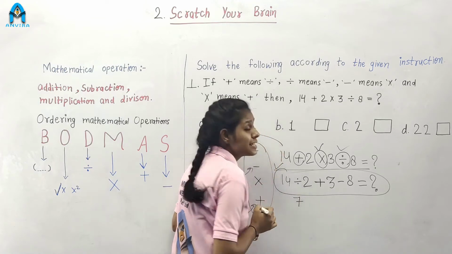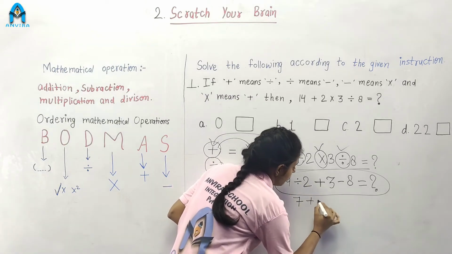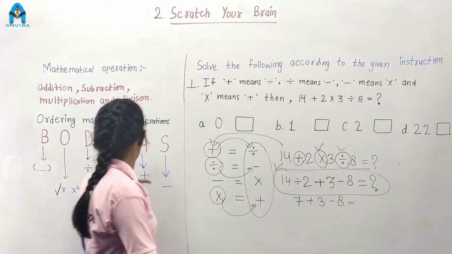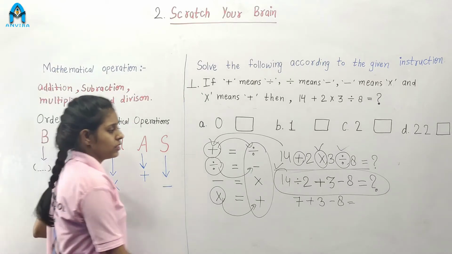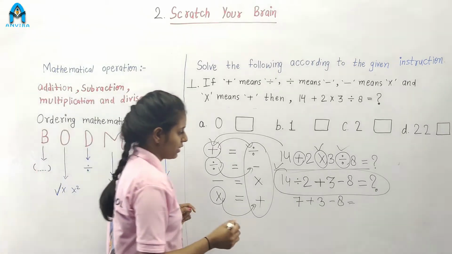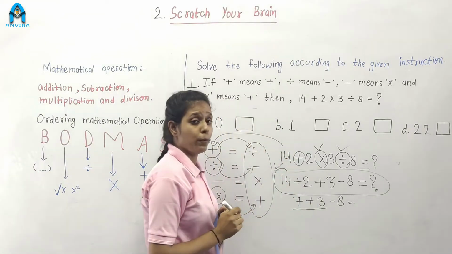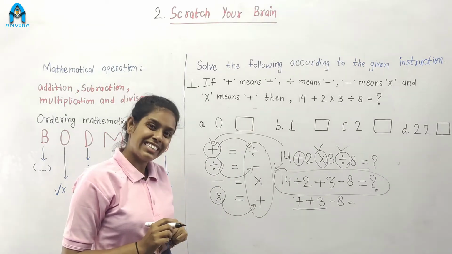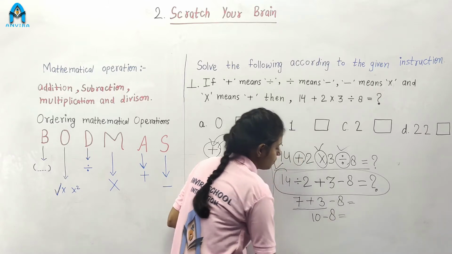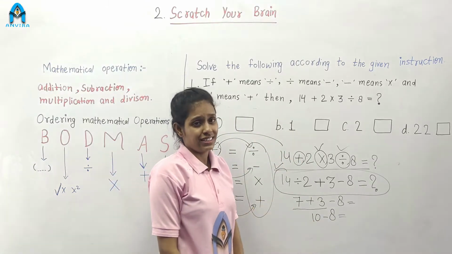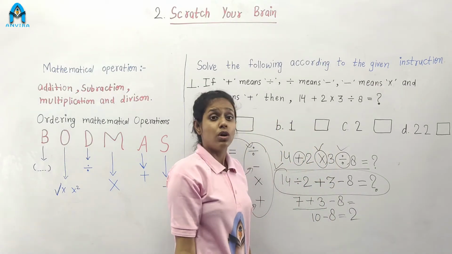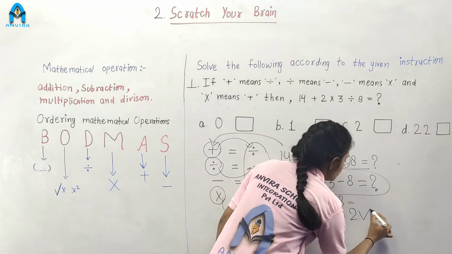It is 7. Add 3, minus 8. Now next is multiplication. Here is no multiplication. Next addition. Add 7 plus 3 is equal to 10 minus 8. So 10 minus 8 is equal to 2.